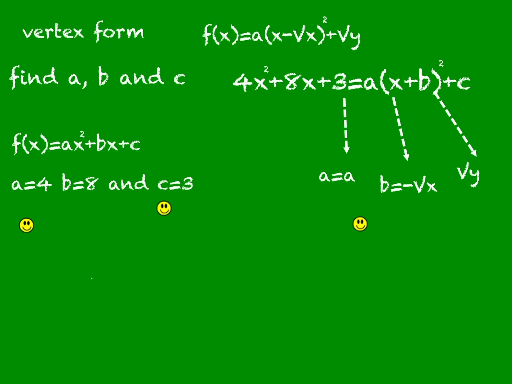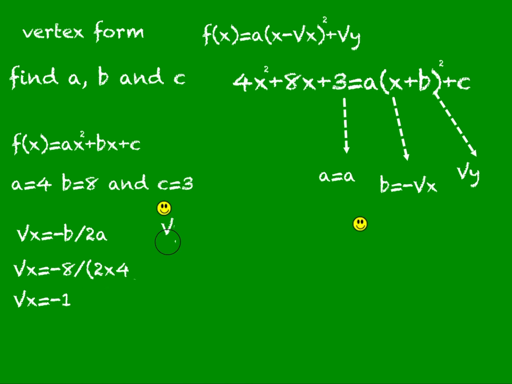How do we find the x component of the vertex? Negative b over 2a. Okay, then x is going to be negative 1. To figure out the y component of the vertex, we need to use the original function. Don't forget, vy equals f of the vertex x component.